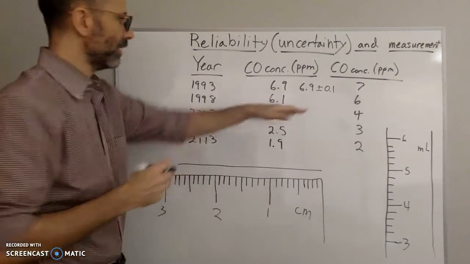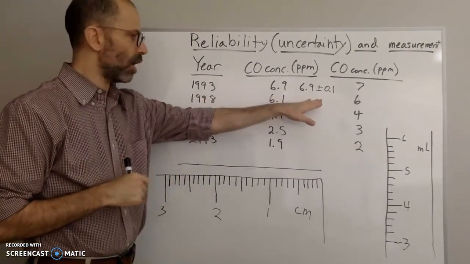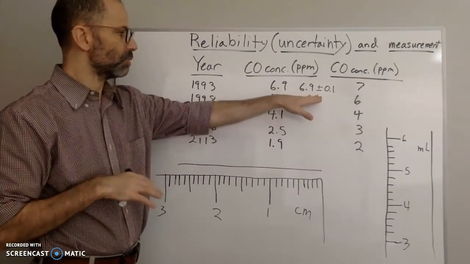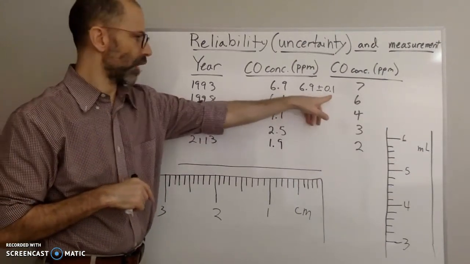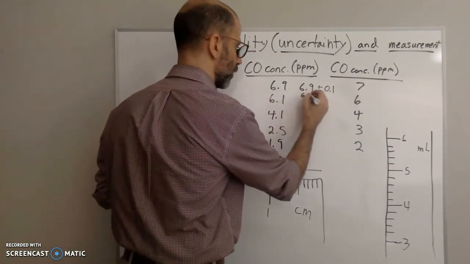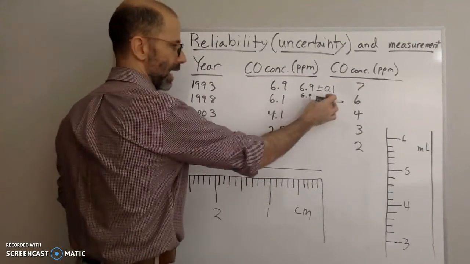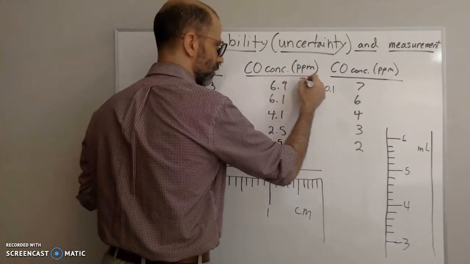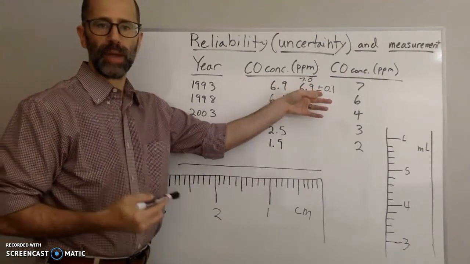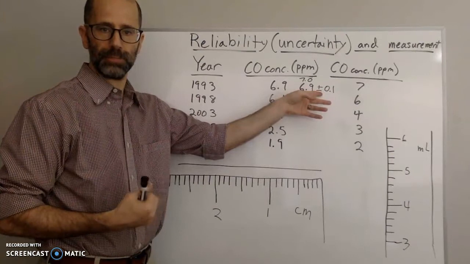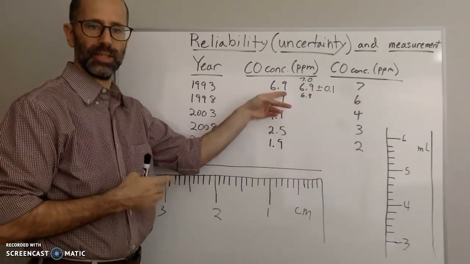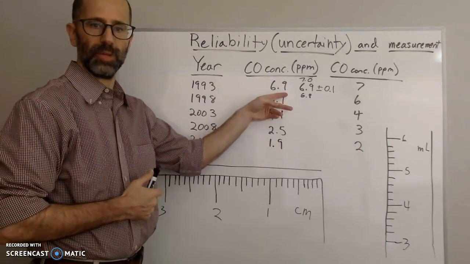What that means is that the value can fluctuate between 6.8, if I subtract 0.1, or 7.0, if I add 0.1. So that's what the plus or minus 0.1 is telling me, right? I get that from the fact that the last digit is in the tenths place, 0.9.